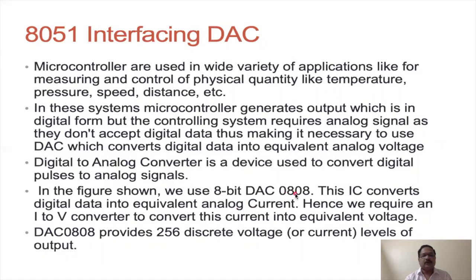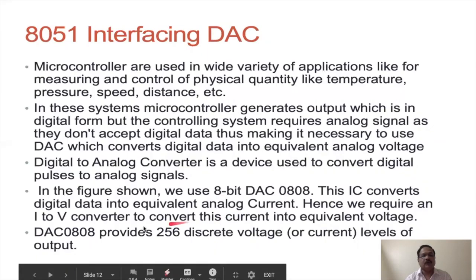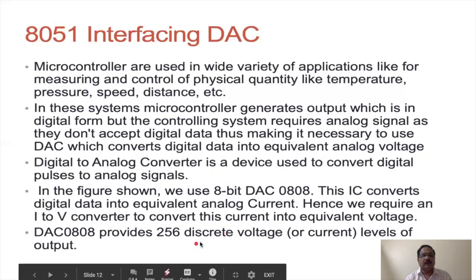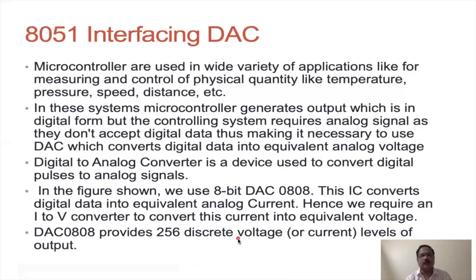The IC converts digital data into equivalent analog current. Hence, we will require a current to voltage converter, I to V converter, to convert this current into equivalent voltage. DAC will provide 256 discrete voltage levels of the output.